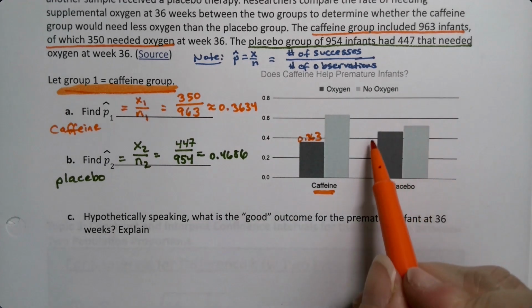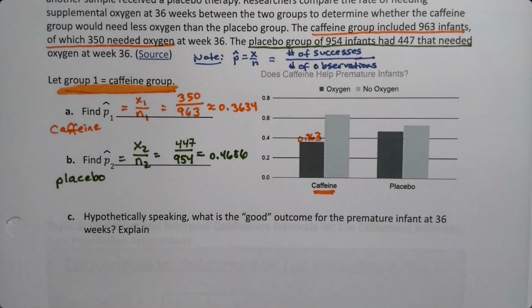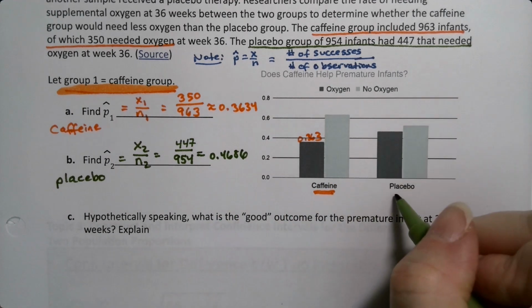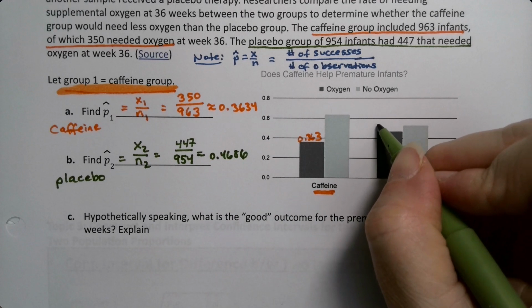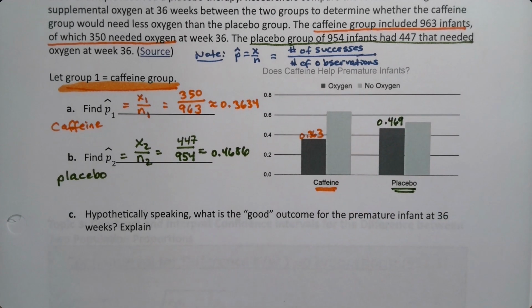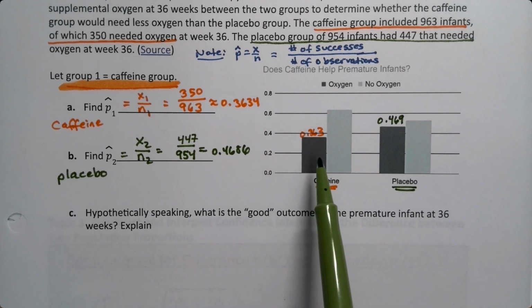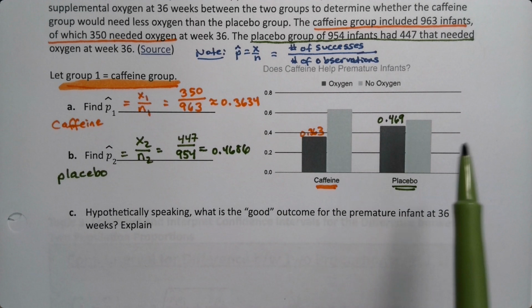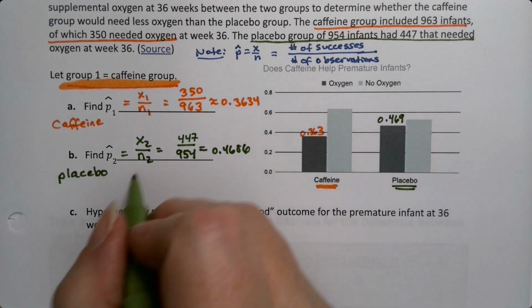And then here's the placebo group over here. And the percentage that needed oxygen out of all 954 of them was 0.469. Right, that's what we found. So when we find p hat, we're finding those values. And for the record, I didn't find them, but I could.